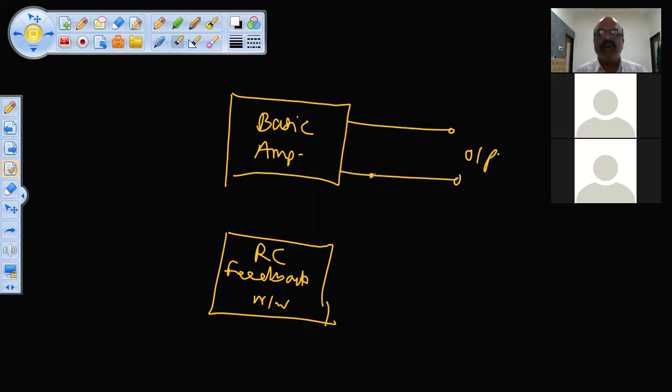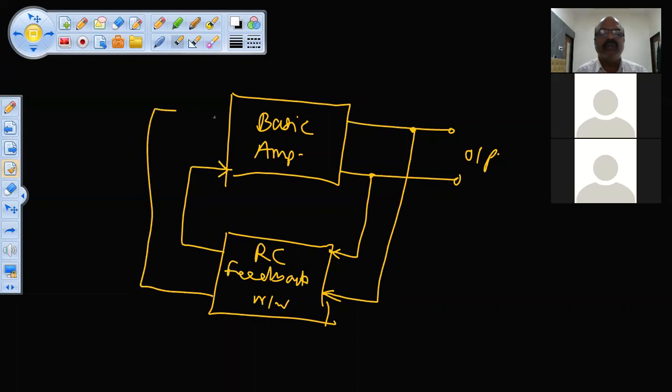Output is fed back to the input, and output of the feedback network is given as the input to the basic amplifier. So this is nothing but the RC oscillator.